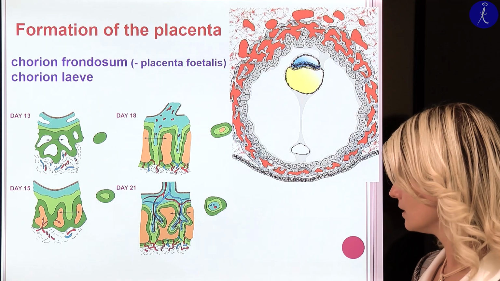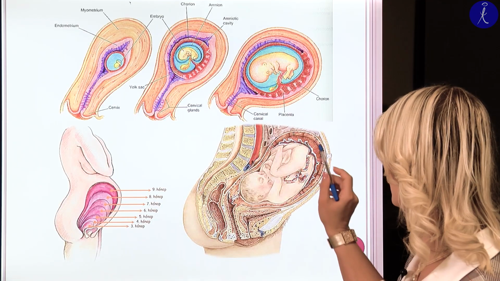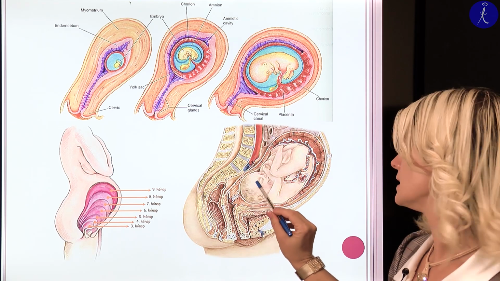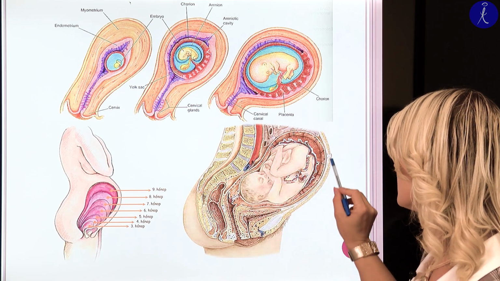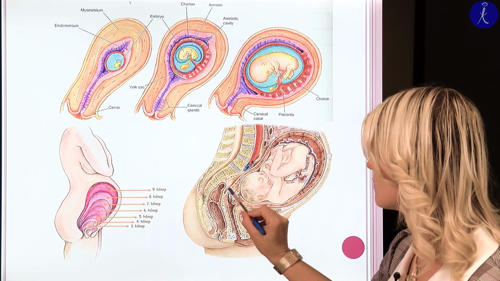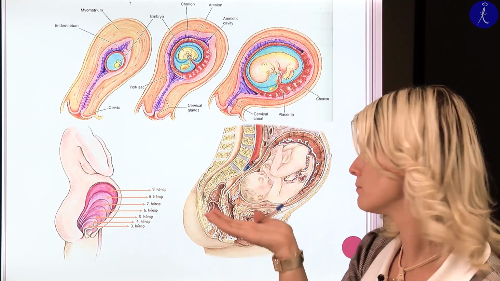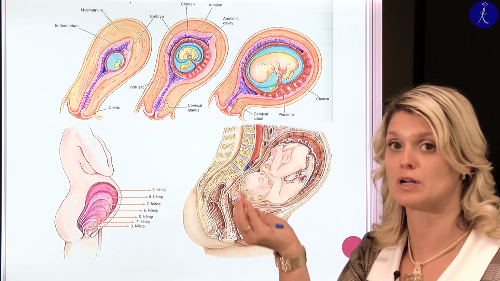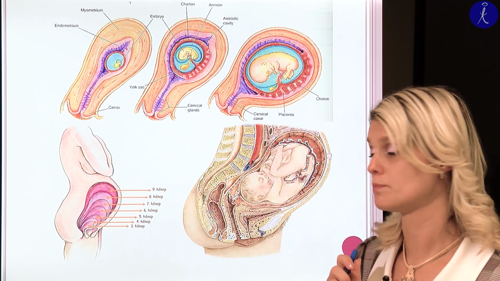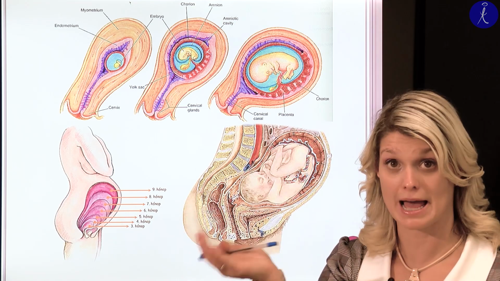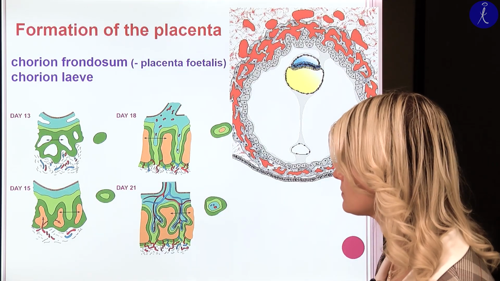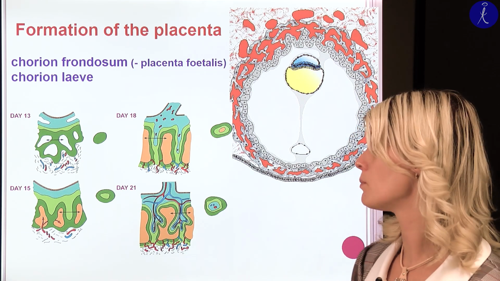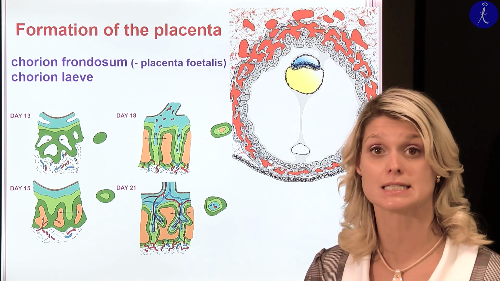And finally, this is the end stage, this is the cervix. The isthmus will fuse to the body of the uterus, and the cervix will be the very important basal part of the uterus, which will hold the body of the baby and the head of the baby. It is really important to tell some words about the development of the placenta.